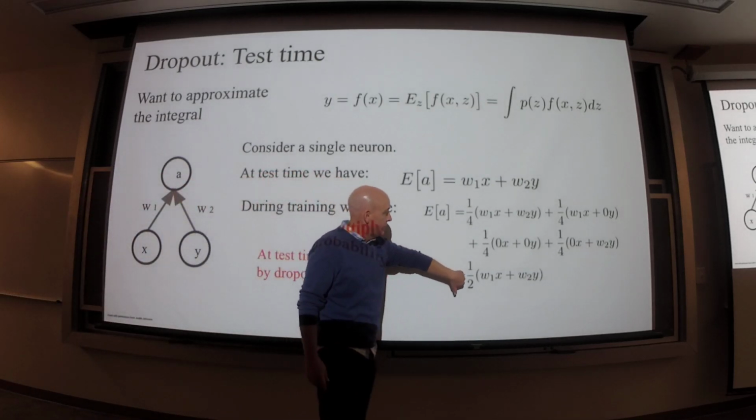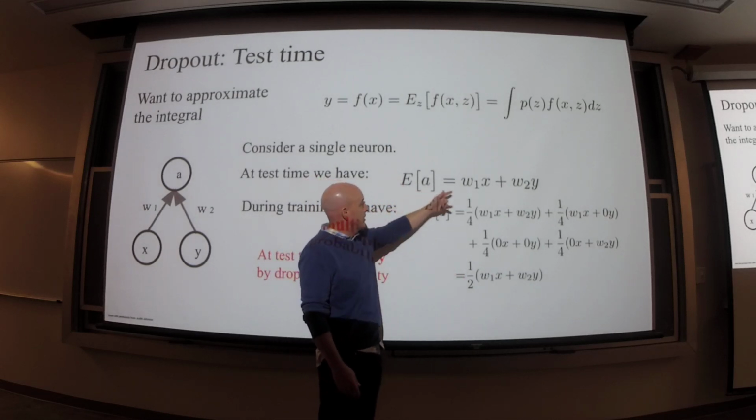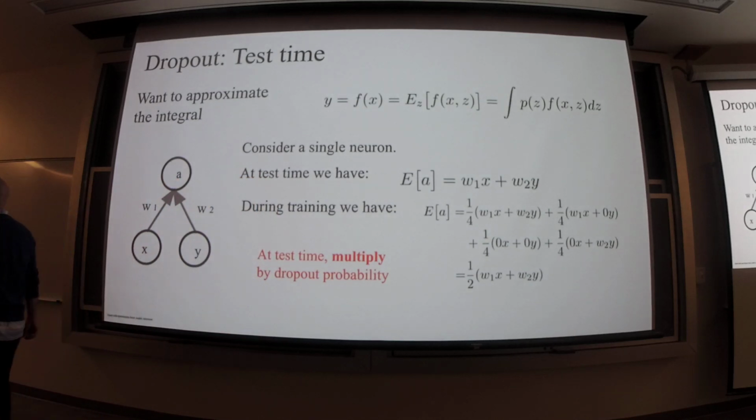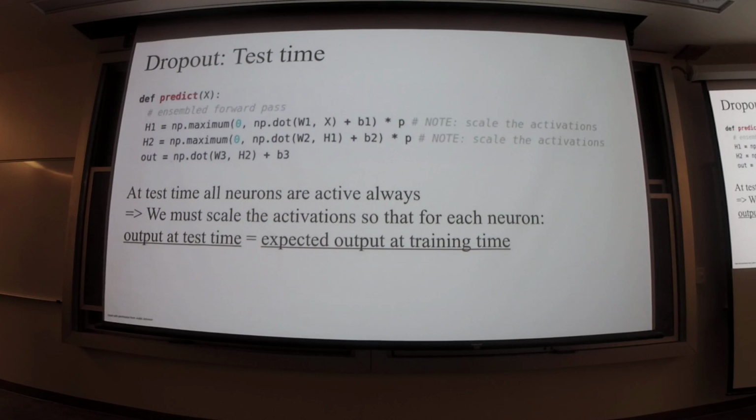So during test time, we want to multiply our test output by 1/2, so that we preserve the size and scale of what was happening when we were dropping out during training.